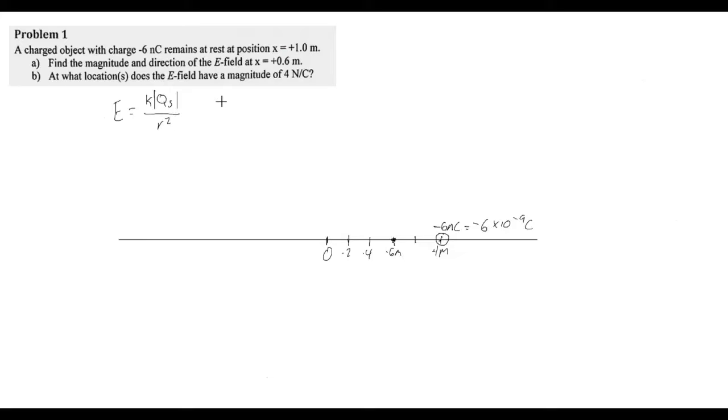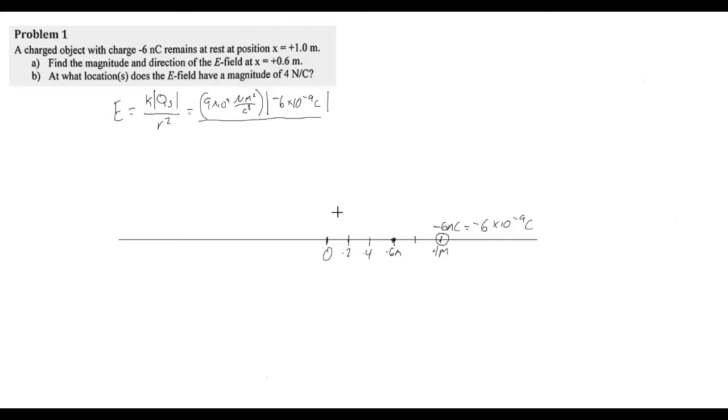K is always 9 times 10 to the 9th newtons meters squared over coulomb squared. I'll write that just this time so you remember the units, but in the future I'll leave it out because it takes forever to write. Q source is our source charge, -6 times 10 to the -9 coulombs.